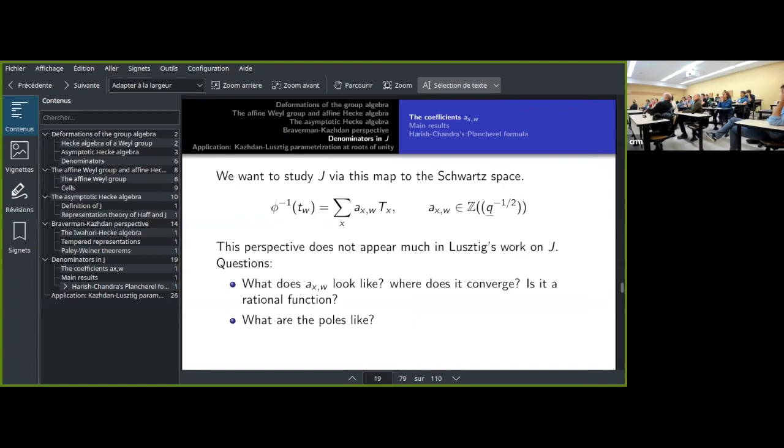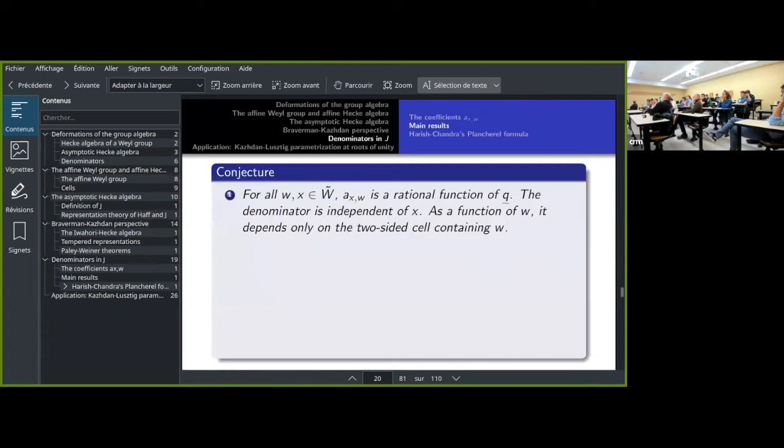What do the poles look like if they're rational functions? Do they satisfy any kind of positivity property? And if these converge when specialized at a certain prime power, they define a function on the group. We know that there's a Schwartz function associated by Braverman-Kazhdan, so what is the relationship between these two?